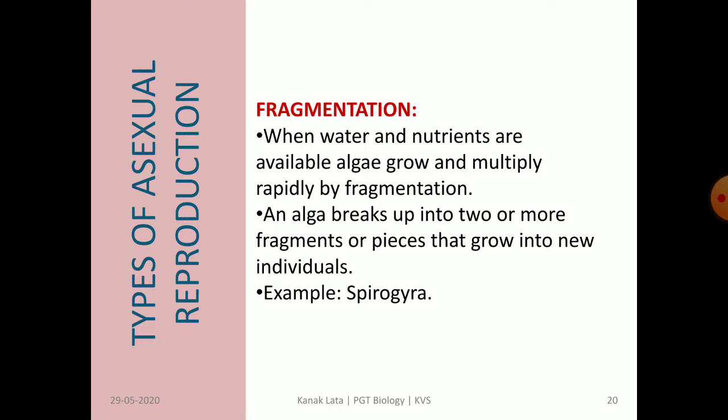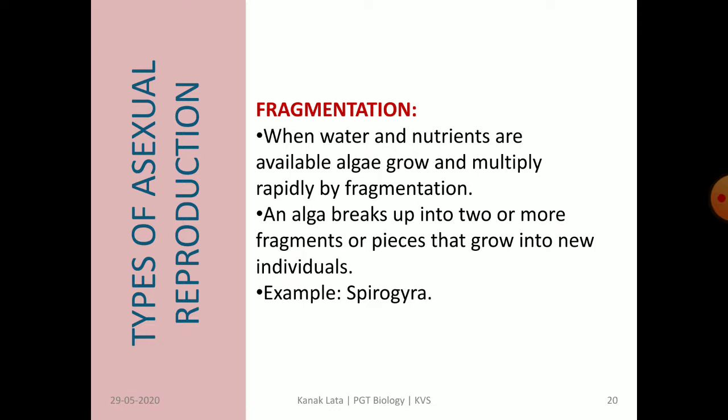Now is fragmentation. Fragmentation is commonly observed in Spirogyra. Spirogyra is an aquatic alga present in fresh water. When water and nutrients are available, algae grow and multiply rapidly by fragmentation.